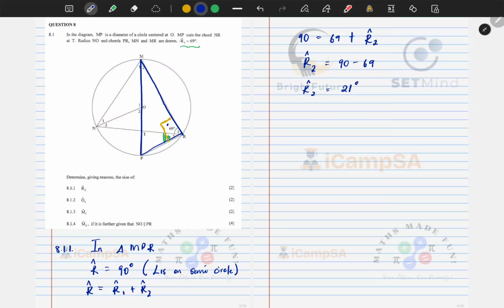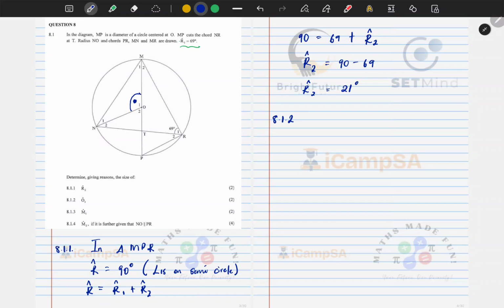So now let's look at 8.1.2. What I'm going to do now is erase here. I'm looking for angle O1. This is angle O1.